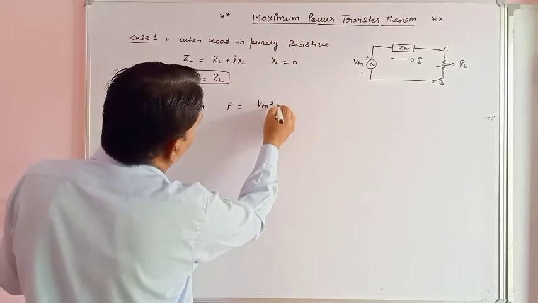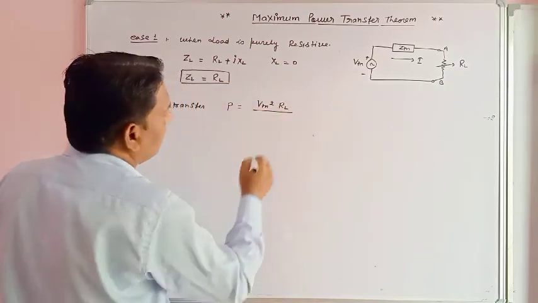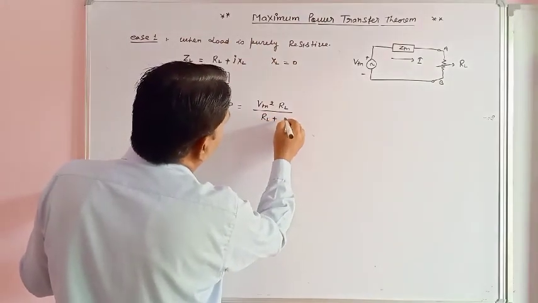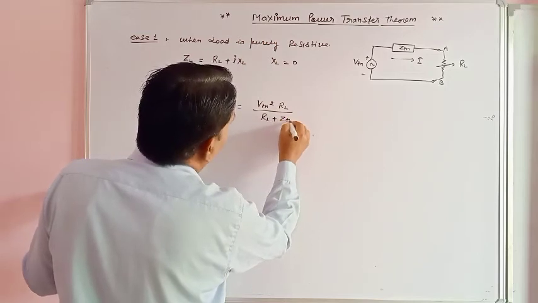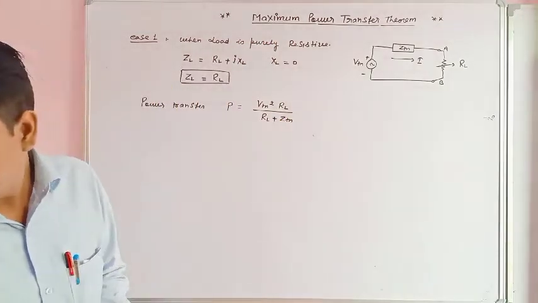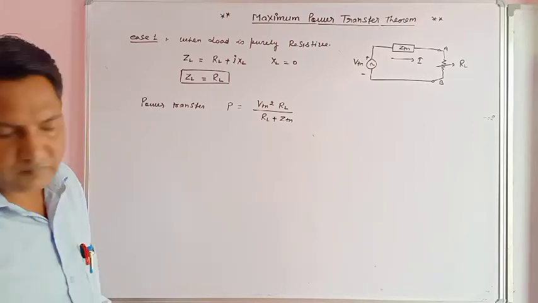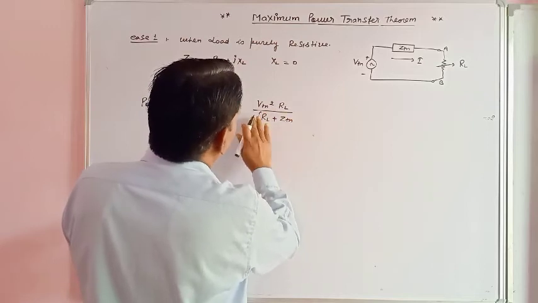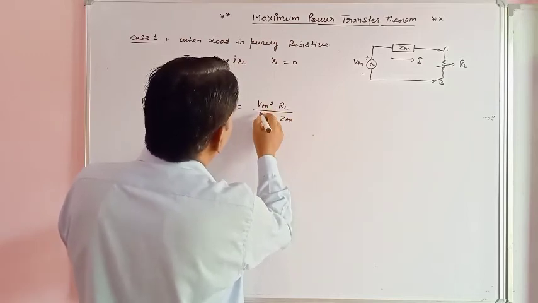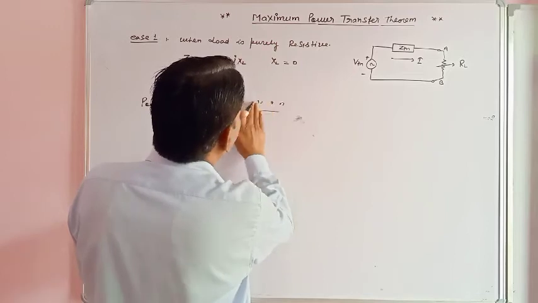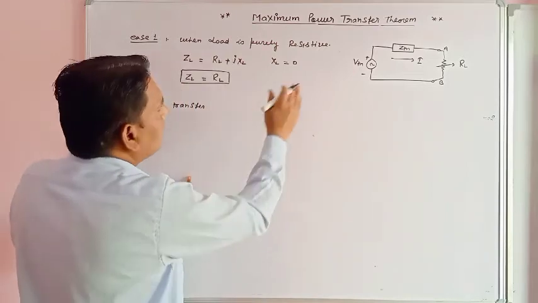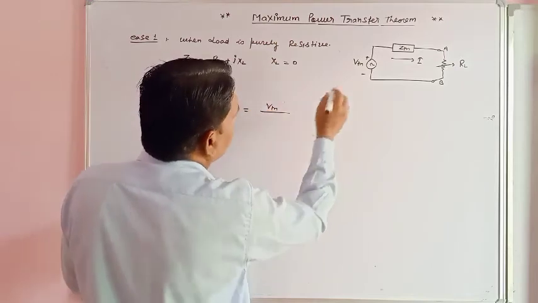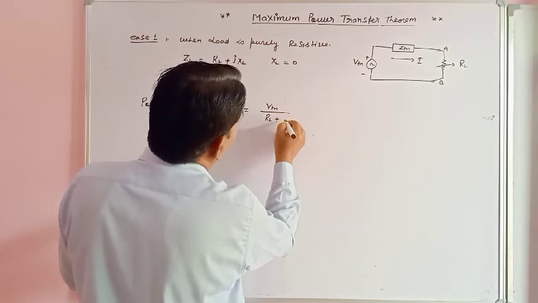The power transfer P is equal to VTH square RL upon RL plus ZTH, this is the mod. We can write it again. Let us determine the current. I is equal to what? It will be VTH upon the total impedance, which is RL plus ZTH.